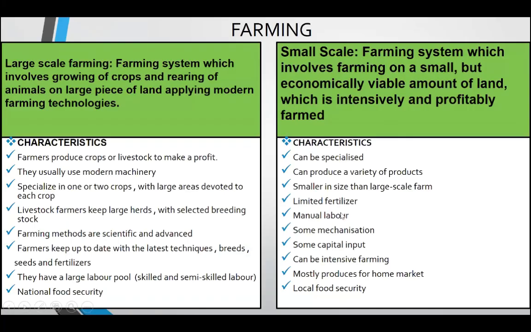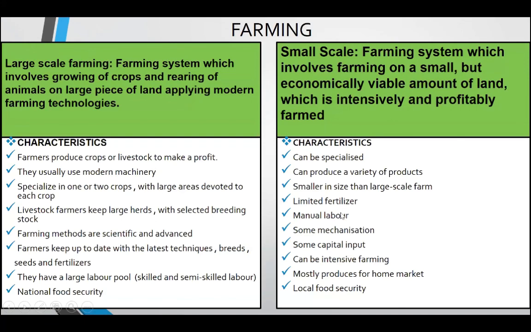The difference is the words large and small, and the scale refers to the size. So large scale farming simply refers to farming that is done over a larger area, and small scale farming simply refers to farming over a small area. That is the long and short.